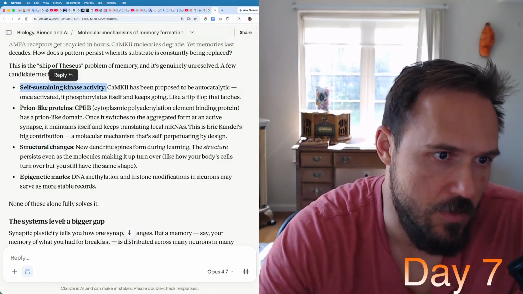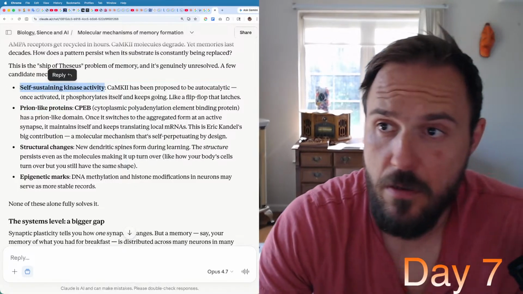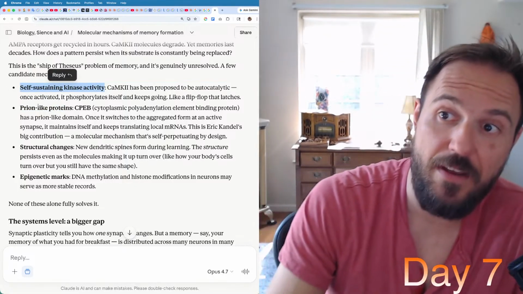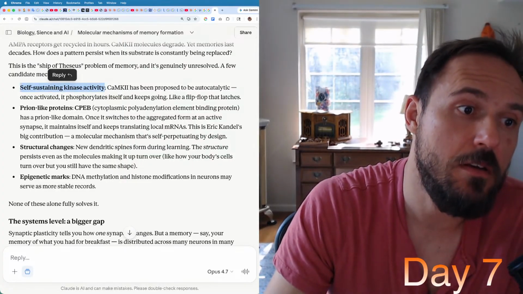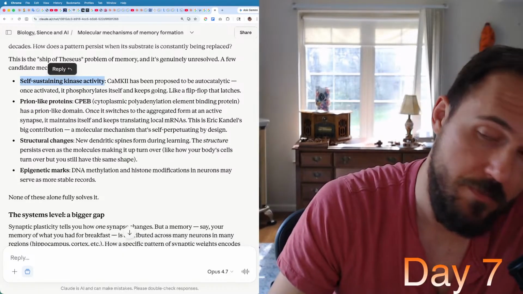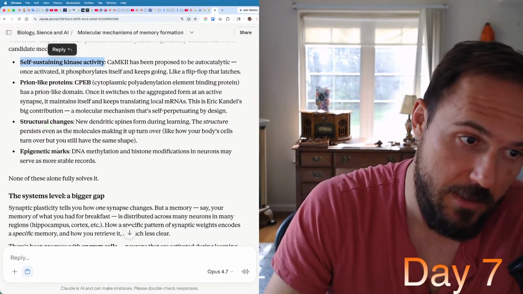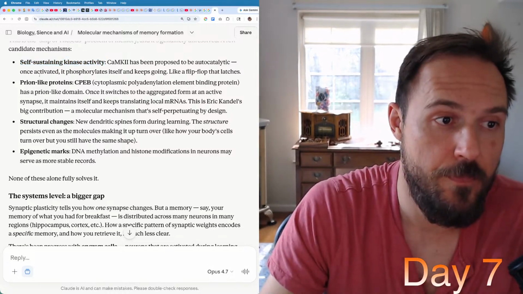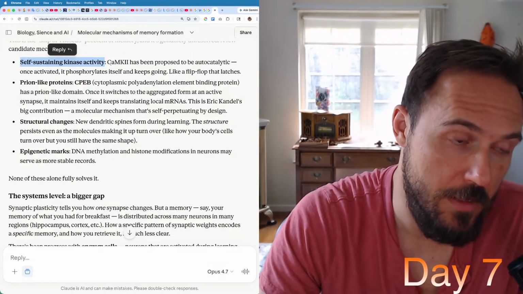I think this one, or I'm putting my bets on this one. 2026, April 22, day 7. I think memory is stored by this option. Out of these four, I don't understand any of them, just slightly, maybe. But I'm putting $20 on this.